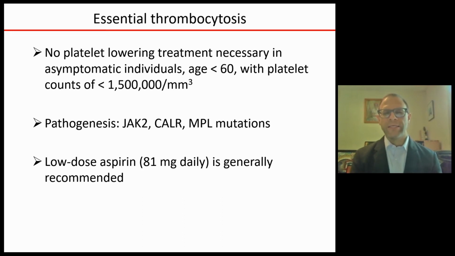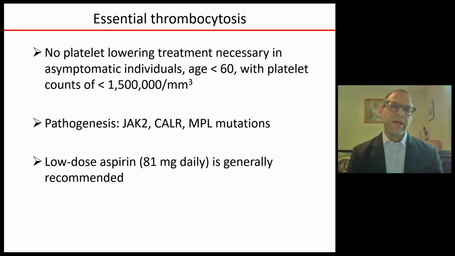MPL is the TPO receptor, the thrombopoietin receptor, which causes about 5% of cases. So we now can test these three and be able to diagnose almost all of the cases of essential thrombocythemia.